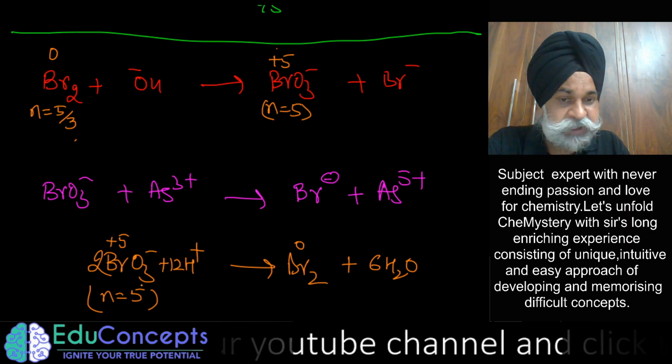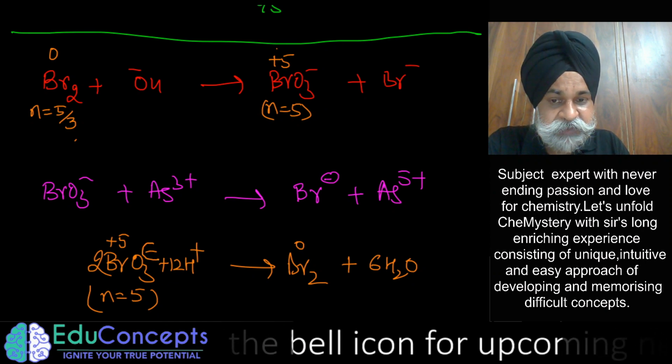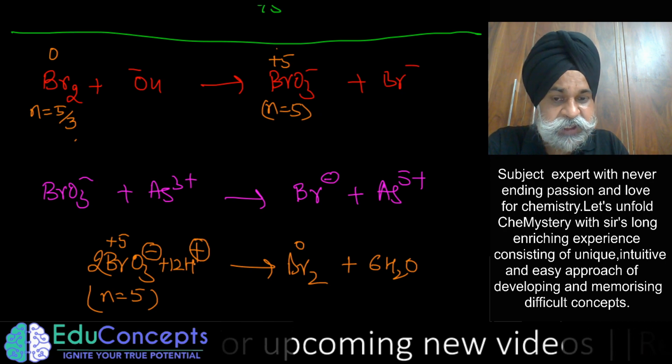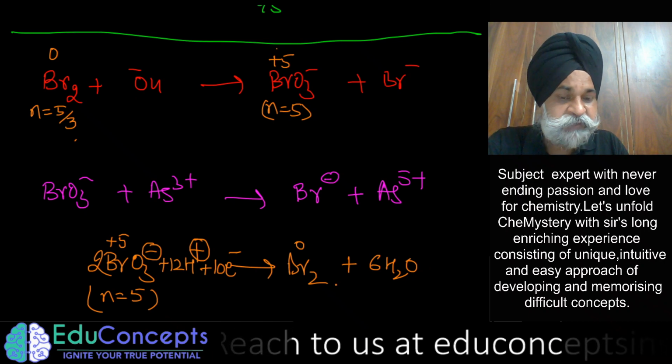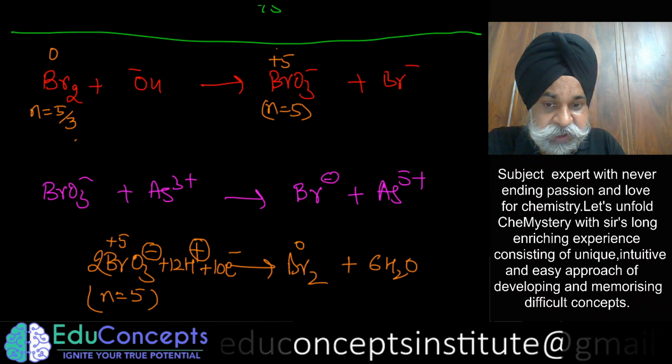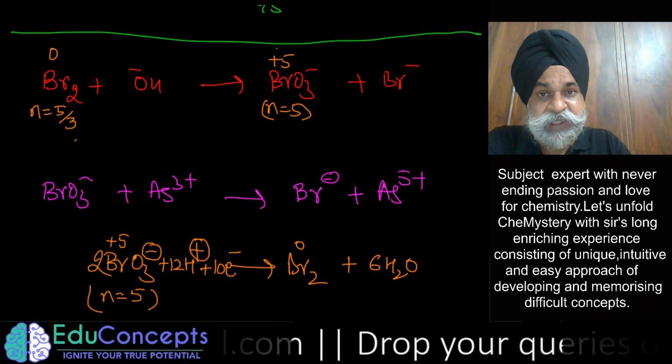12 H positive to balance the charge. Now to balance the negative charge along with the positive charge, there are 10 positive charges, so here you have to put 10 electrons. So everything got balanced. But why I have written n factor 5: because it is again in the basic medium.